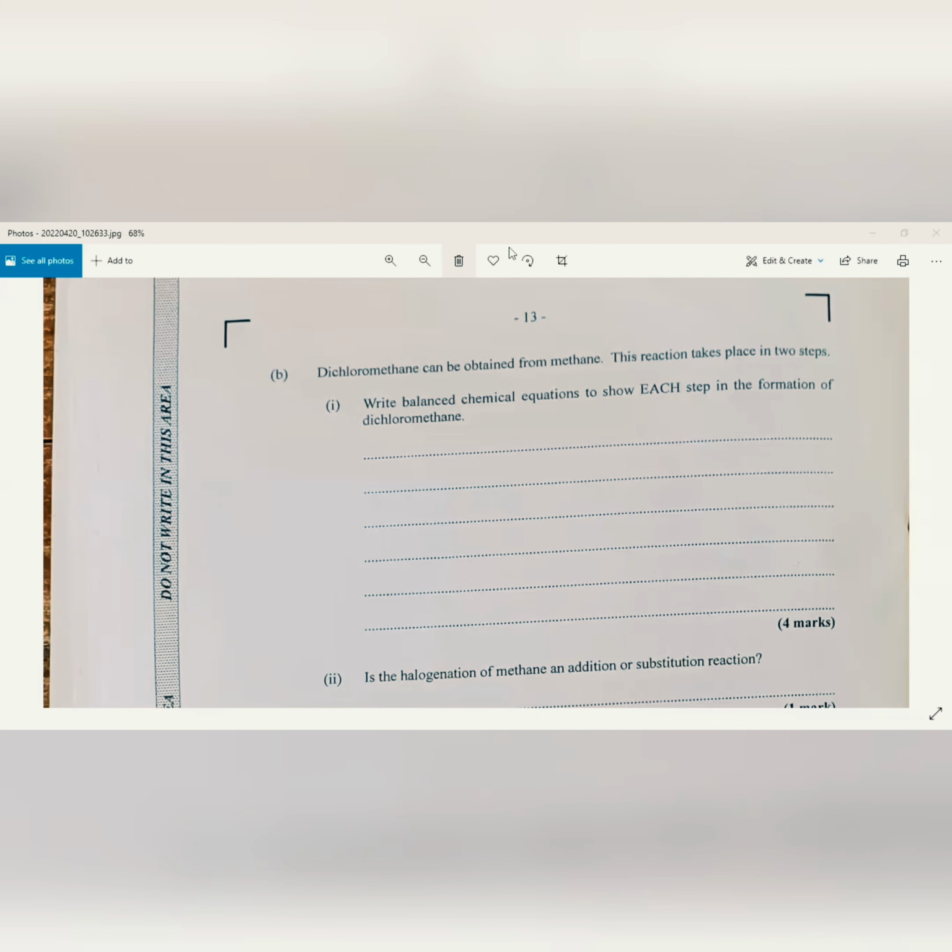It has 1 carbon, hydrogen, hydrogen, and then 2 chlorine atoms attached. This comes from methane, which is carbon bonded to 4 hydrogens like this. Let me put a little line between them so we can see the difference. Now we want to see how this occurs. How does this change to this?